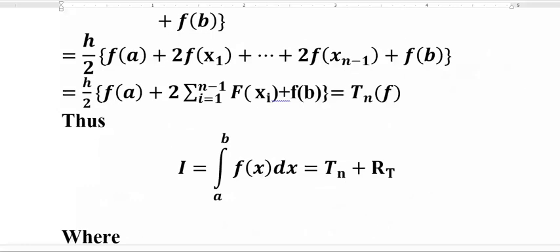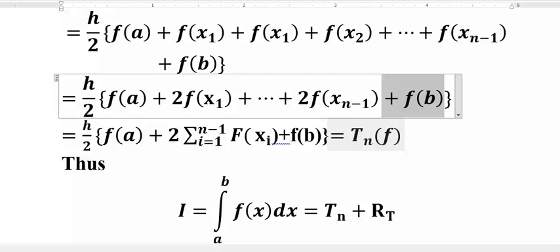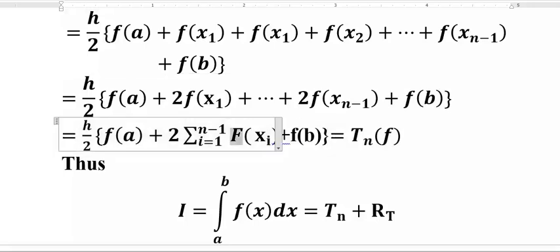So the result is f of a plus 2 f of x1 plus 2 and so on to 2 f of x n minus 1 plus f of b. One time f of a, f of b, and 2 for all the interior points.